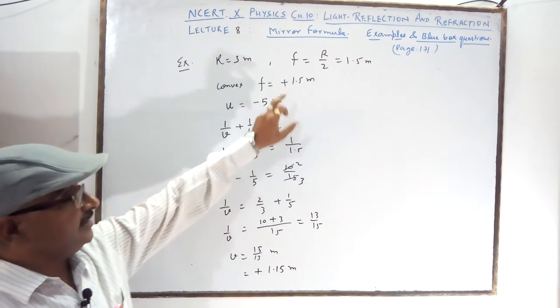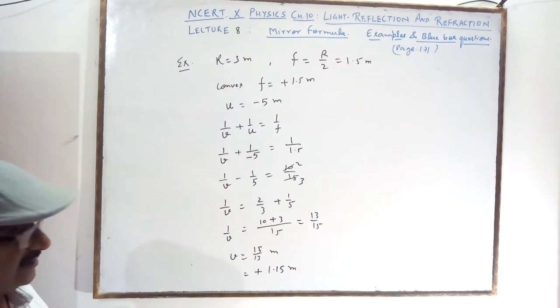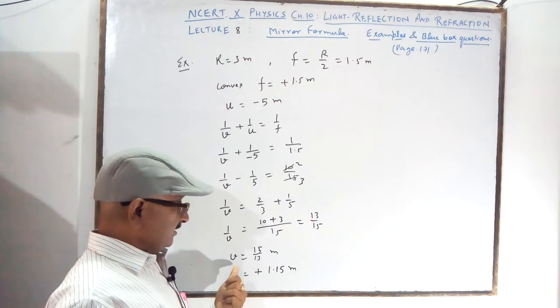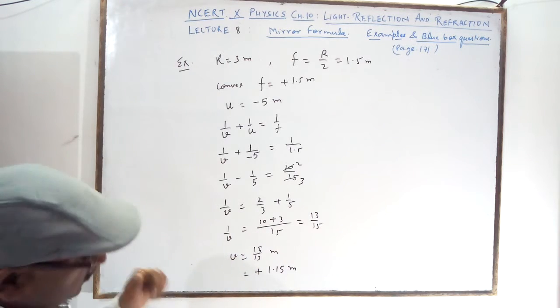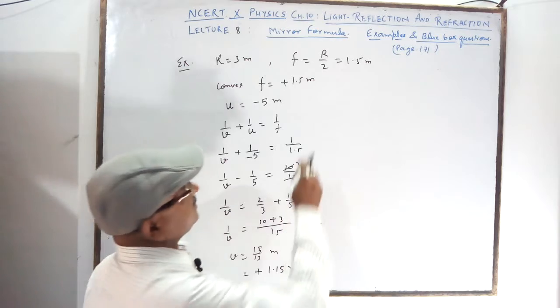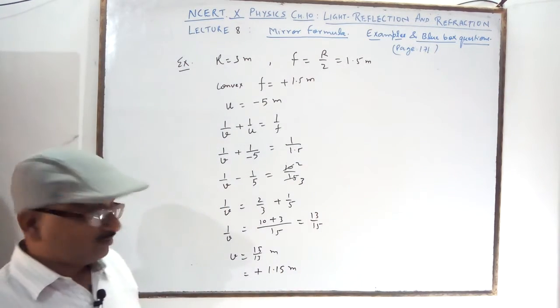It means it will be between pole and focus. You can also draw the ray diagram for this. So 1.15 meter you are getting as v. It is the position: between pole and focus.